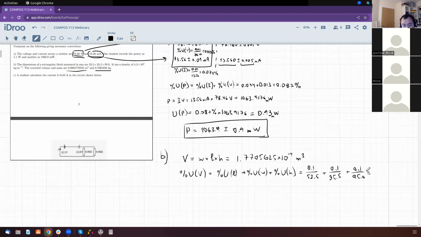If you're not given the absolute uncertainties, 0.1 divided by 52.5, 0.1 divided by 35.5, divided by 95.0.